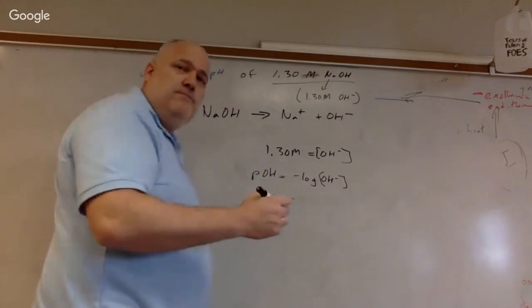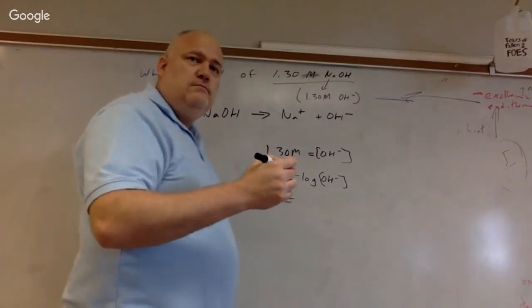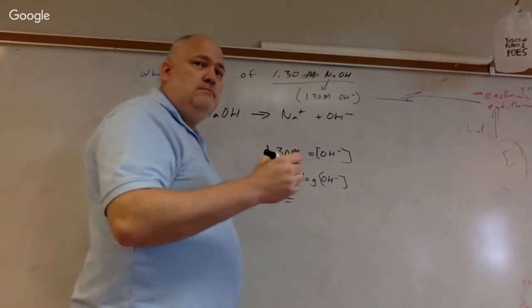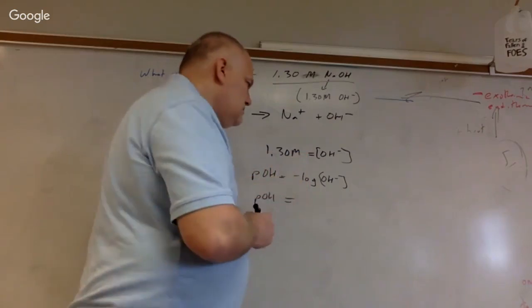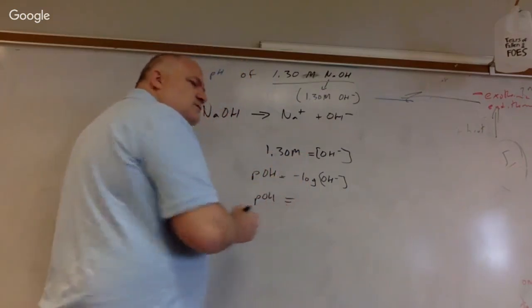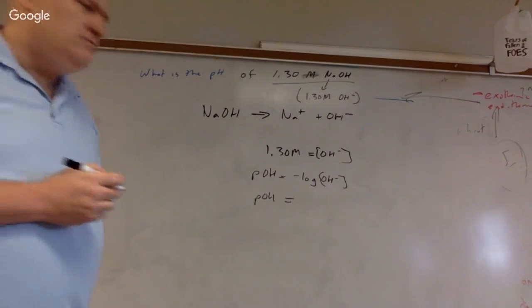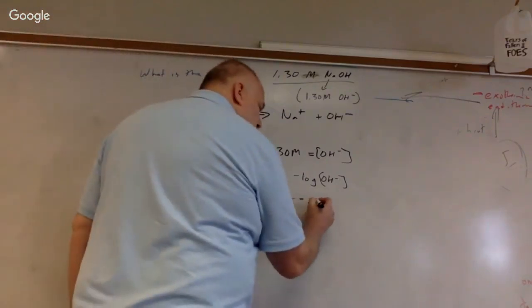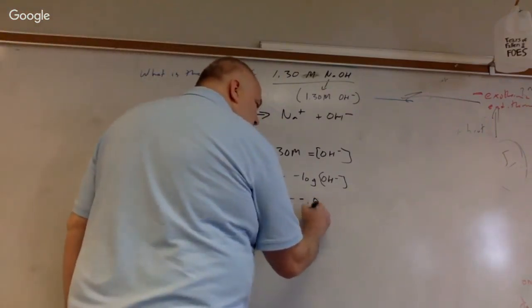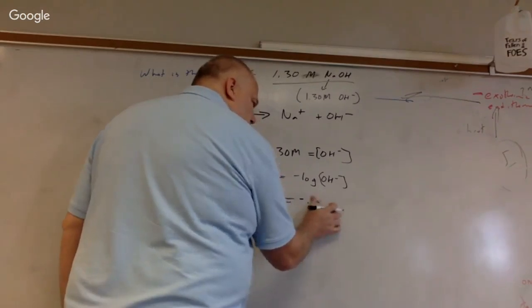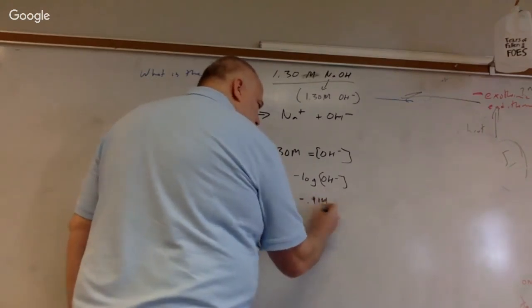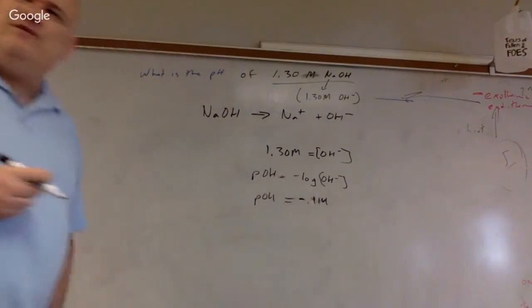Did you calculate it? Yes. It's negative 0.114. Now that's a weird number, isn't it, for the pOH?